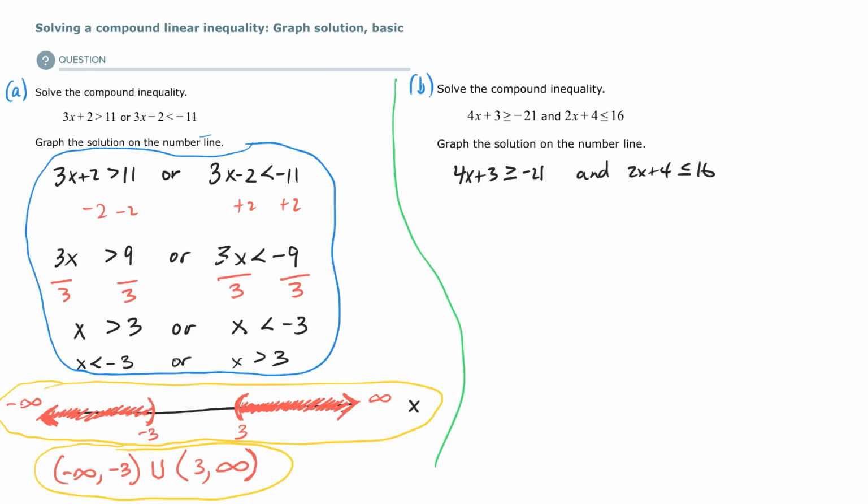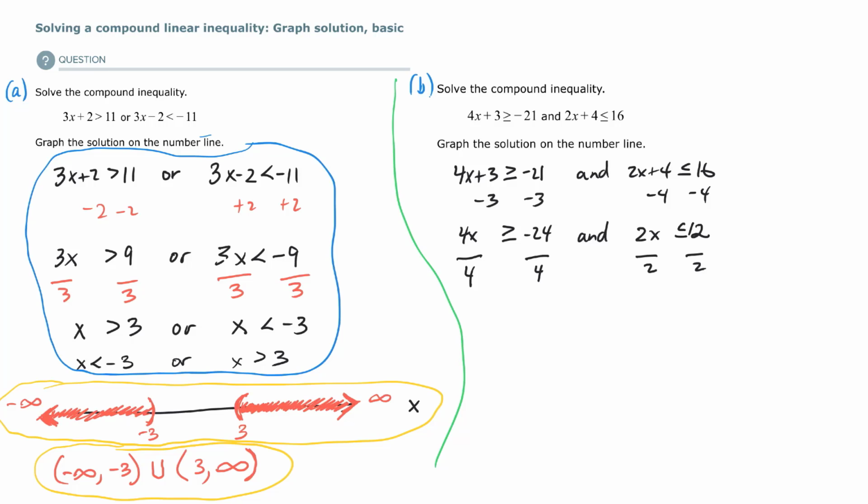We're going to keep that word "and" throughout. 4x greater than or equal to negative 24, and 2x is less than or equal to positive 12.